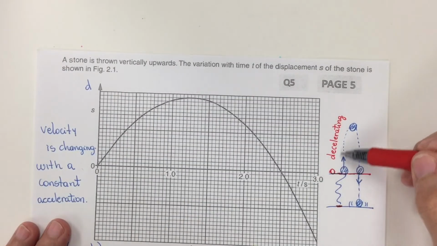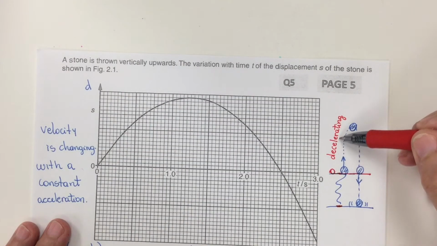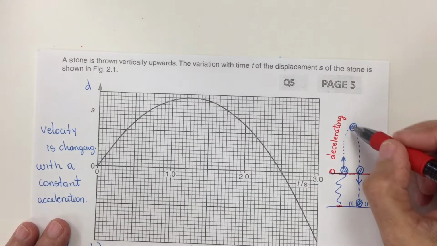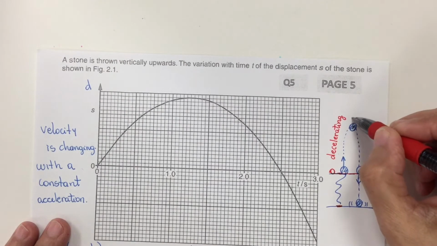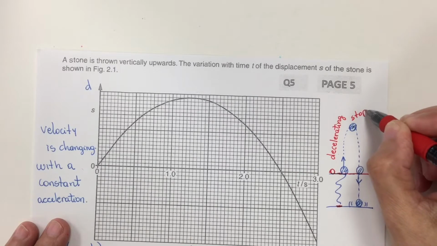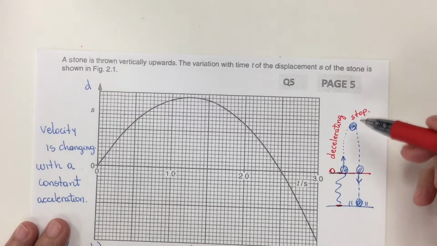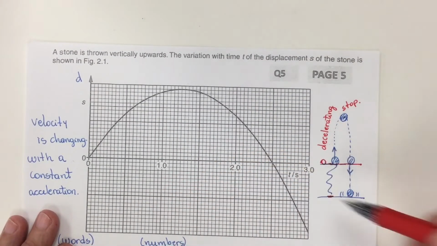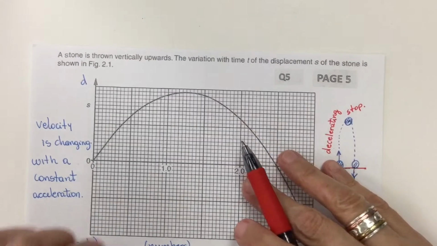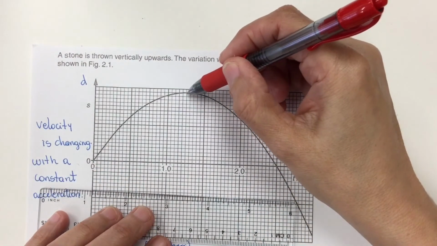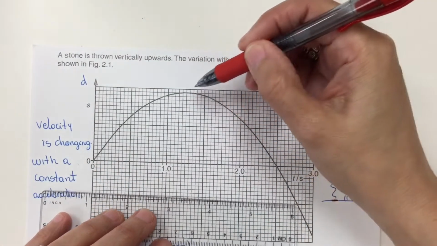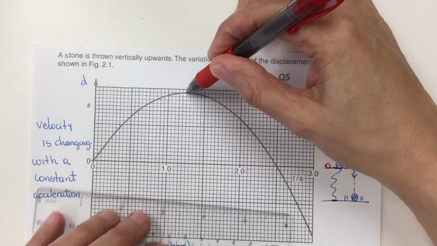So as it goes up, it is going to decelerate, and right here it is going to stop. So let's see how we can find the analogy in this graph. When you look at this graph on the top, on the symmetry, it will be right here.